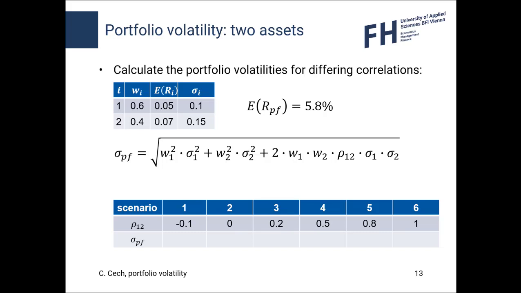We have already calculated the expected return of the portfolio. Different correlations do not have any impact on the expected return of a portfolio, and here again you can see the formula to calculate the portfolio volatility.